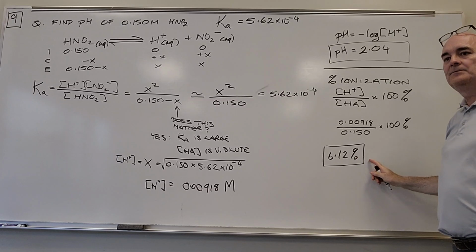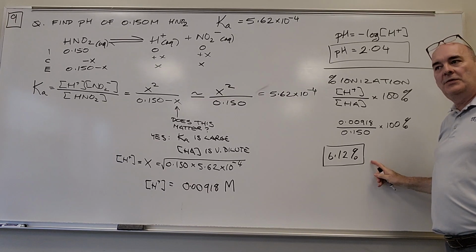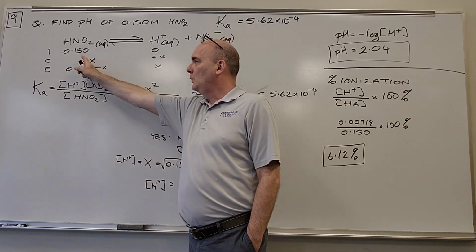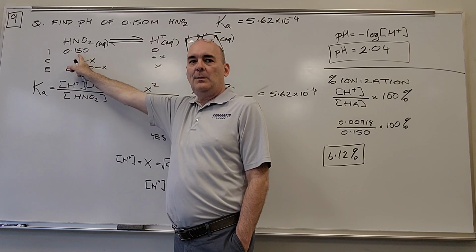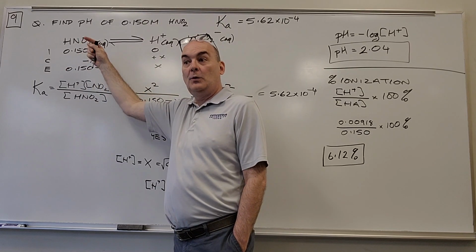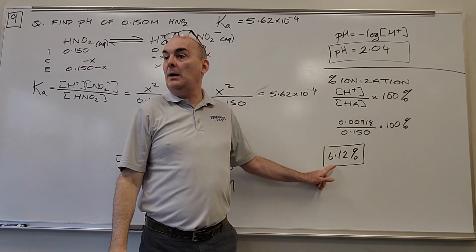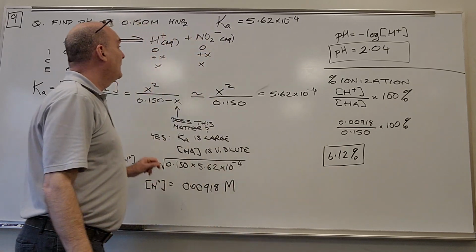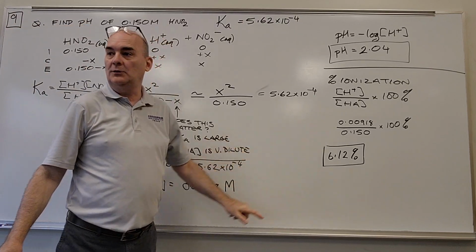The Ka is a constant. This number is not a constant. This number changes when that number changes. If I go ahead and make my solution more dilute, I should see that value go up. When I make this more concentrated, I should see that value go down.